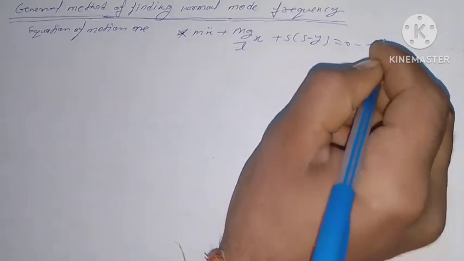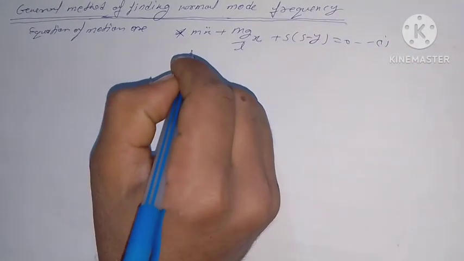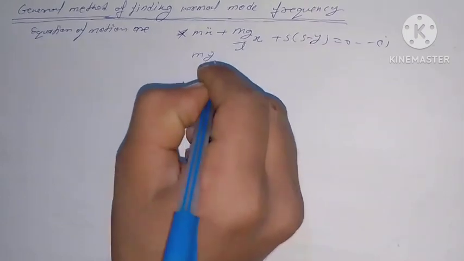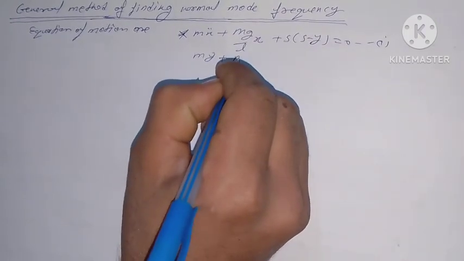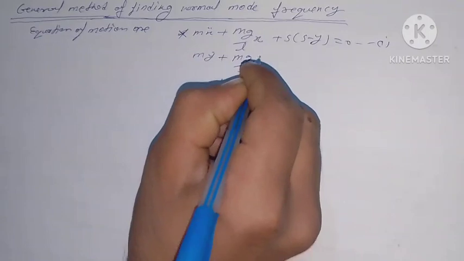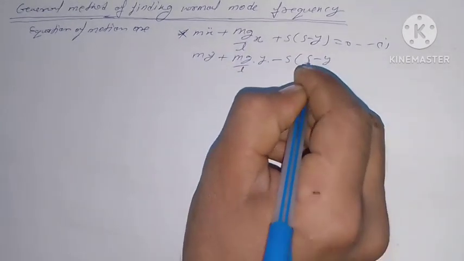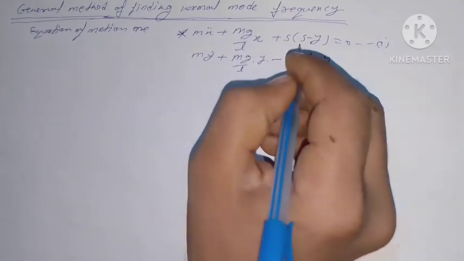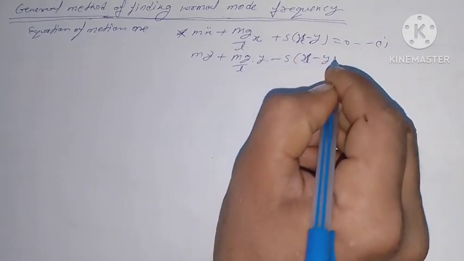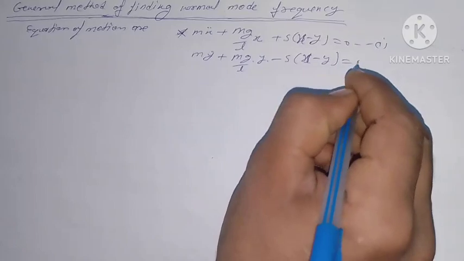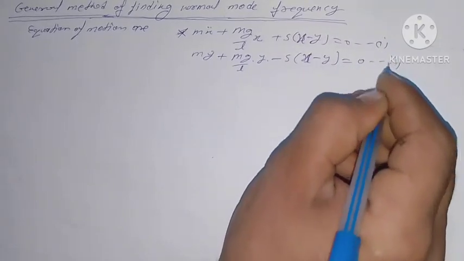This is equation number first. And m d²y/dt² plus mg by L into y minus s into (x minus y) equal to 0. This is equation number second.